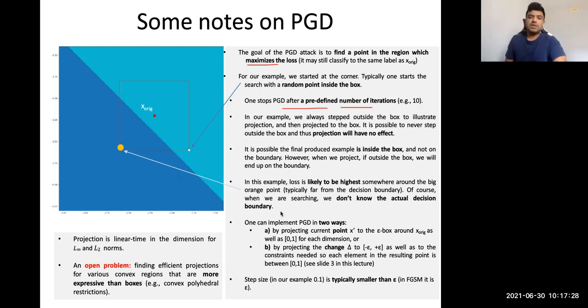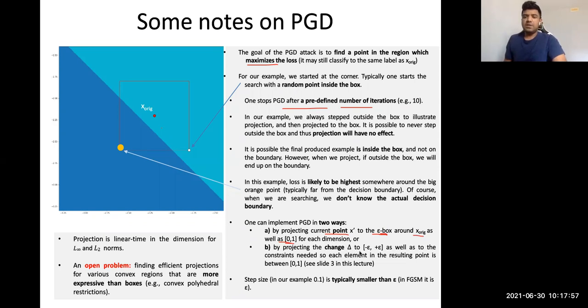There are two ways we can implement PGD. We can project the current point with multiple constraints. One is within, say, the L infinity ball region with epsilon radius, and also within the range of the pixels. For example, we don't want each dimension to go beyond the range of 0 to 1 for pixels.